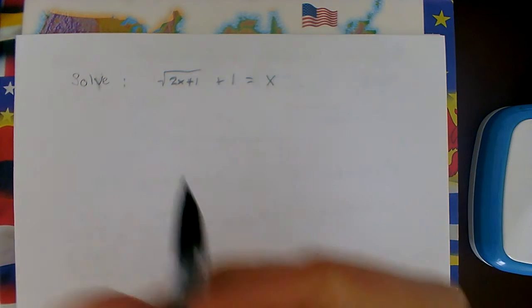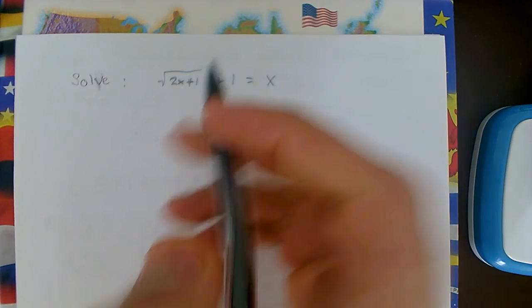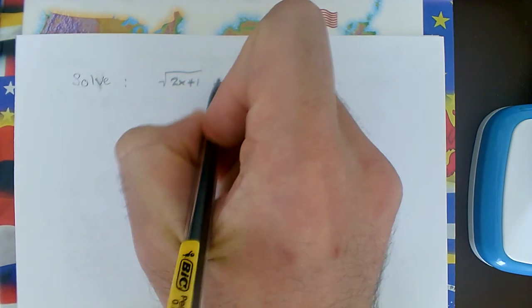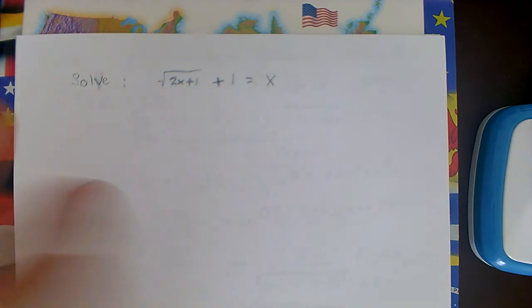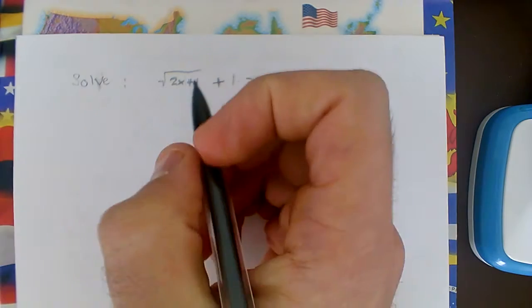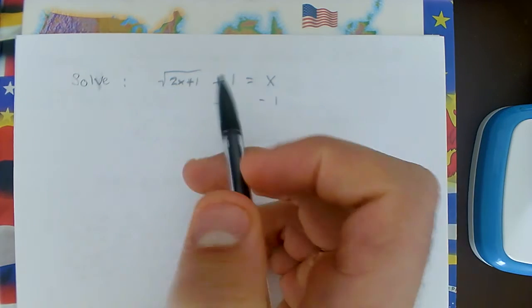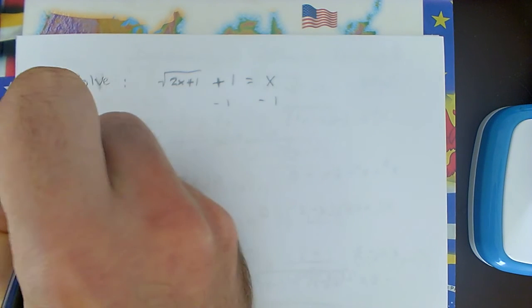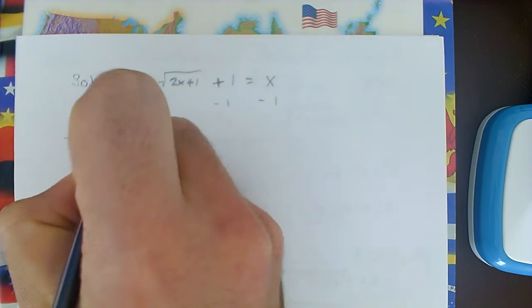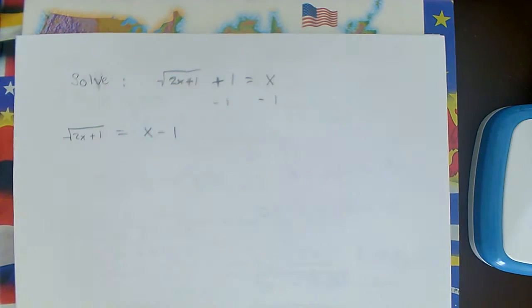In the last example we had the radical isolated on a side by itself. So that's the first thing we need to do: subtract 1, or anything that's outside of the radical, onto the other side. So now we have the square root of 2x plus 1 is equal to x minus 1.